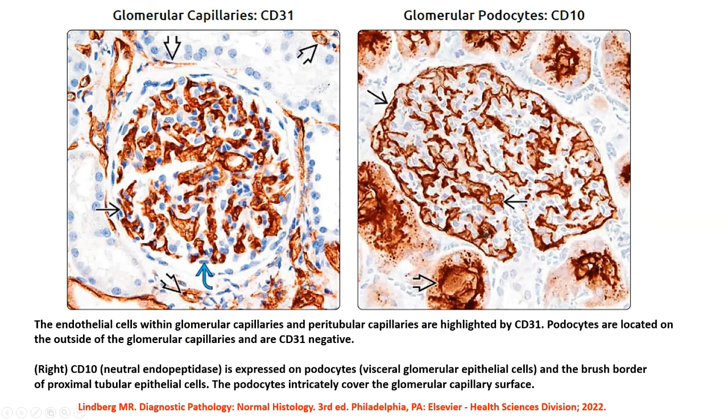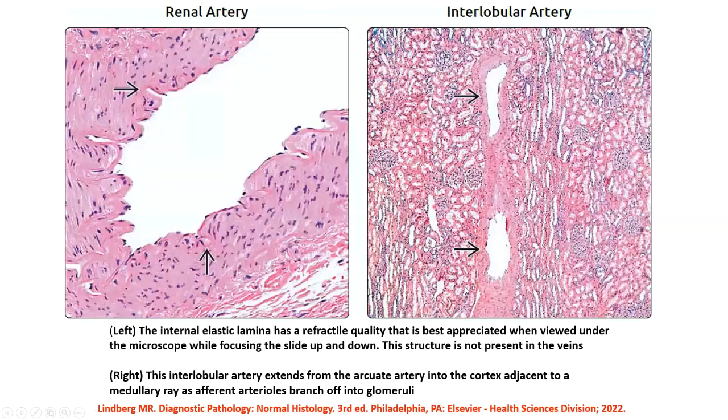So as you can see, this CD10 image towards the right shows the podocytes which are sitting on top of the glomerular capillary loops. Do you have an internal control built into this particular slide? Yes. Sorry, you have got the renal proximal convoluted tubular elements, and the brush border is nicely stained with CD10, showing that the stain is working.